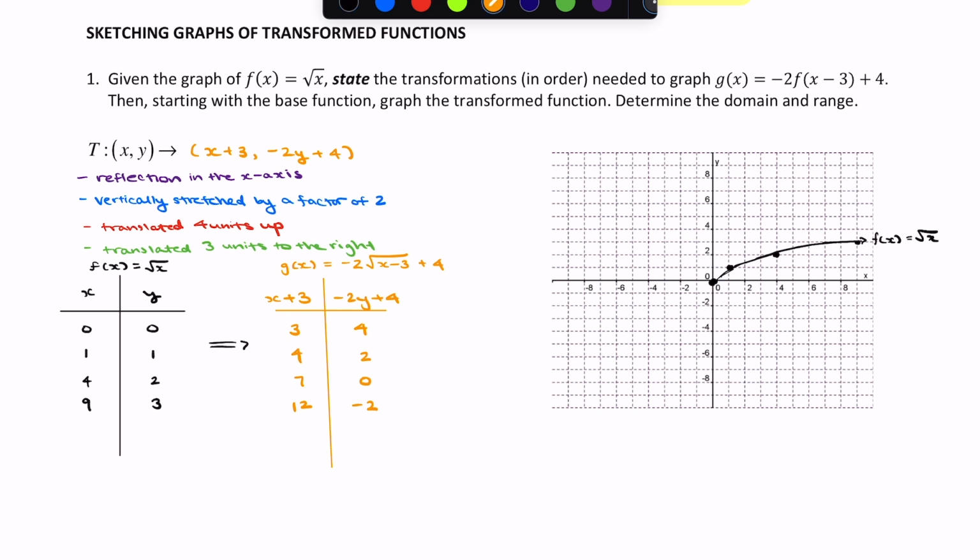Then our transformed function: we have 3 and 4, 4 and 2, 7 and 0, and then off the page, 12 and negative 2.